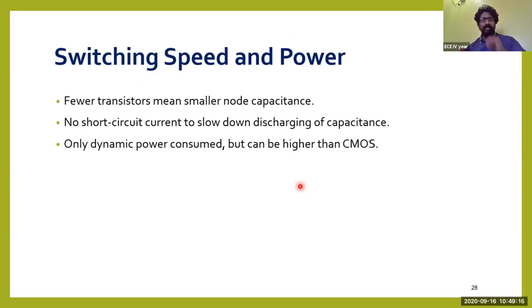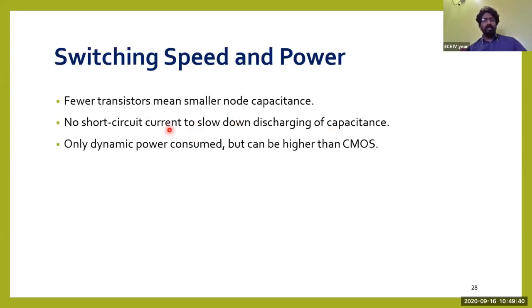And switching speeds. Fewer transistors mean smaller node capacitances. Since you have only a few transistors, the node capacitance will be very small, and also no short circuit current takes place. Because of the short circuit current, what happens? The discharging of capacitance slows down.